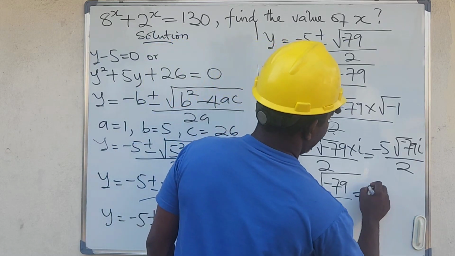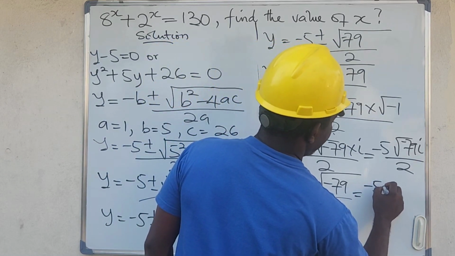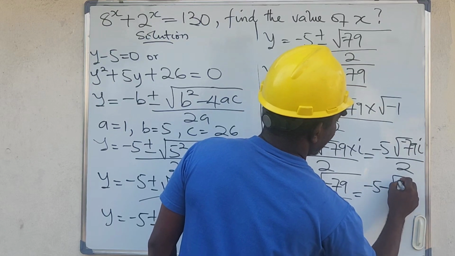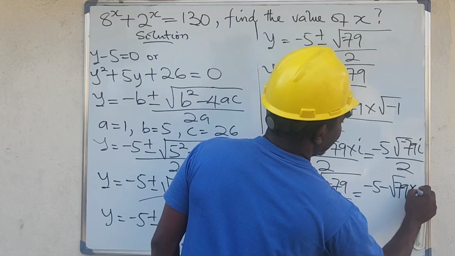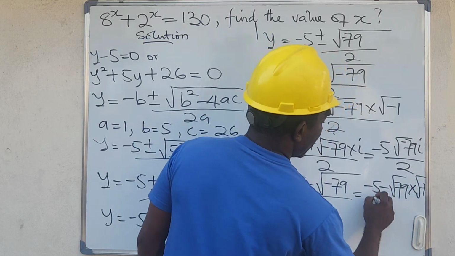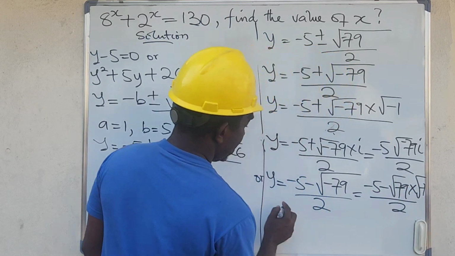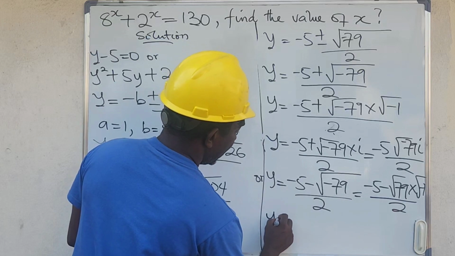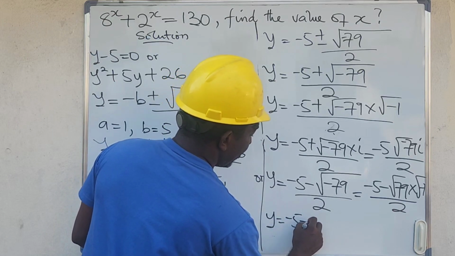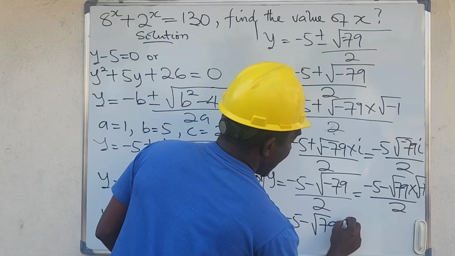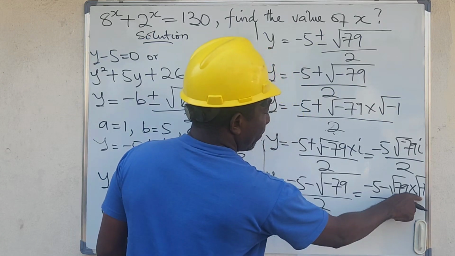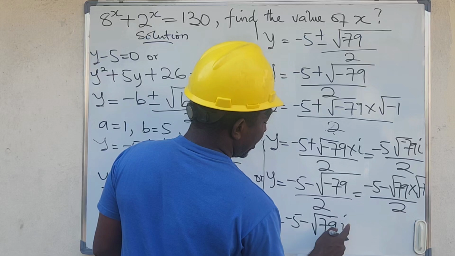That will become minus 5 minus the square root of 79 times the square root of minus 1, all over 2. So it's the same thing as y equals minus 5 minus the square root of 79 i, all over 2, because the square root of minus 1 is the imaginary number.